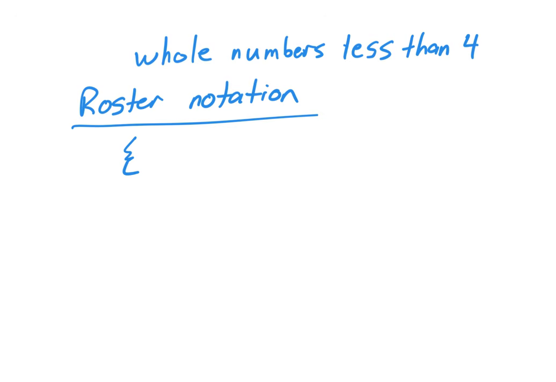So we're going to start at 0, and then we're going to go 1, 2, 3. Do we want to include 4? No, because it's got to be less than. If it said less than or equal to, we could include 4. So 3 would be the last number, and that would be my set. We're just going to list them out, okay? We call it roster notation because you're going to list everything that's in that roster or in that group. It's just the terminology that they use.